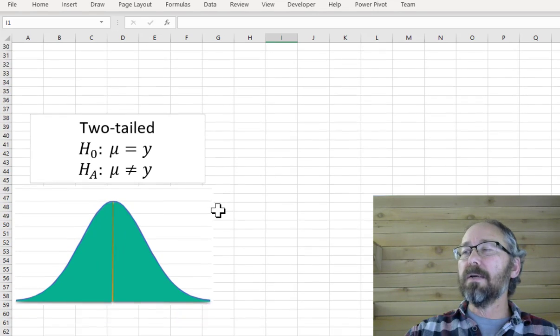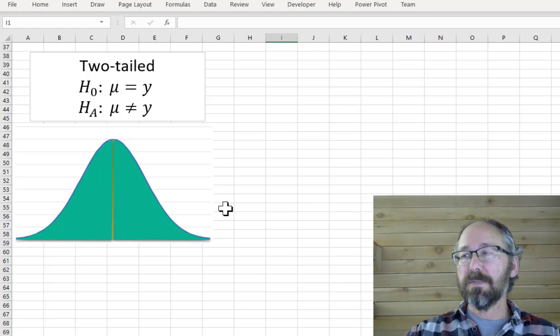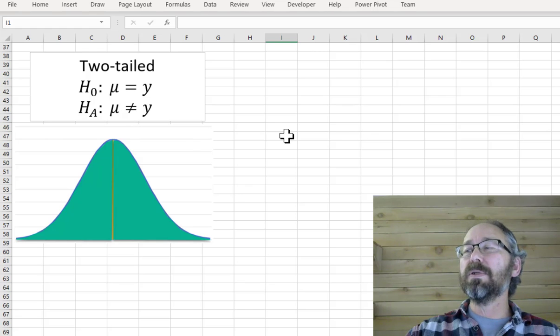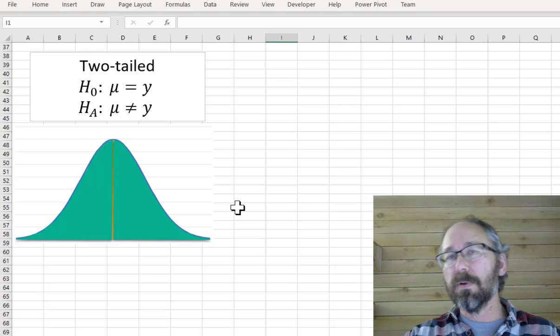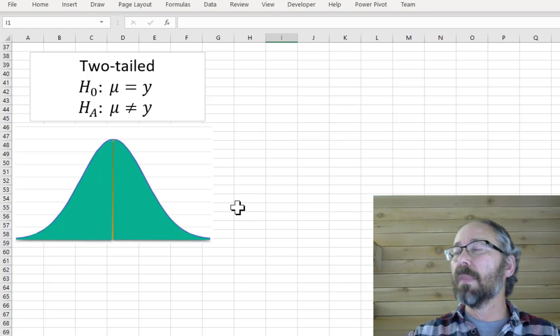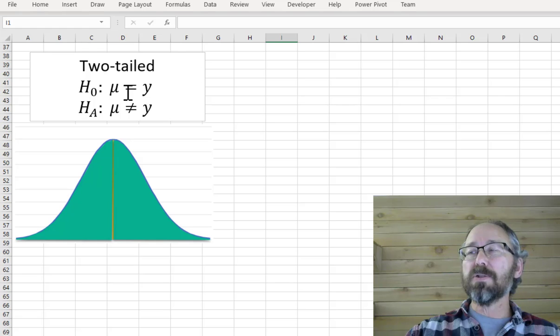Now, if we're talking about a two-tailed test, then the alternative hypothesis will use the not equal symbol, which of course for Excel is the less than as well as the greater than symbol. The two-tailed test also has the null hypothesis using the equal symbol. So we're saying in a two-tailed test that mu, the population mean, will equal a certain value.